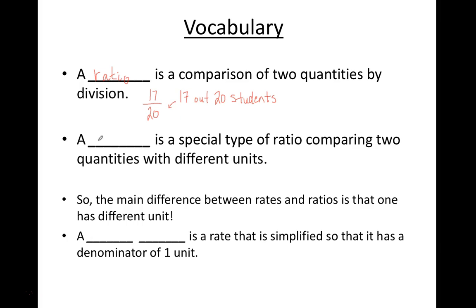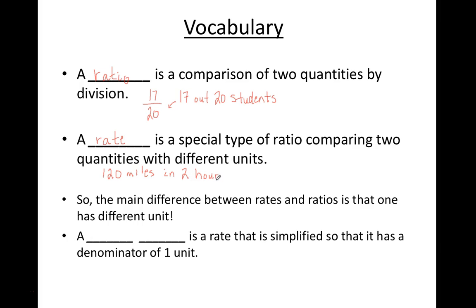Now our next vocabulary word is a rate. A rate is a special type of ratio comparing two quantities with different units. To think of a real world example of a rate, I'm going to give you, for example, driving. We can drive 120 miles in, let's say, 2 hours.